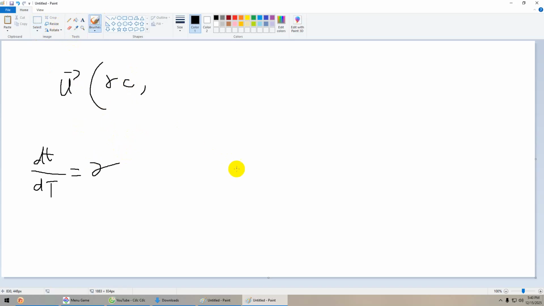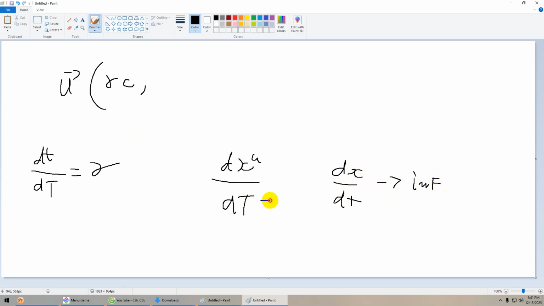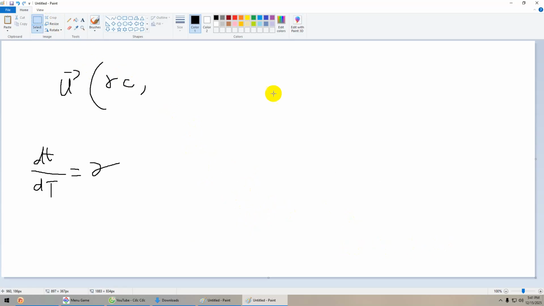And we know that the proper velocity dx/dτ, as dx over dt approaches the speed of light, this thing will approach infinity, because as an object goes faster, the proper time ticks more slowly, so this term will be smaller, and this term divided by this term will go to infinity, which is very different, and we have to be careful about the concept of proper velocity.